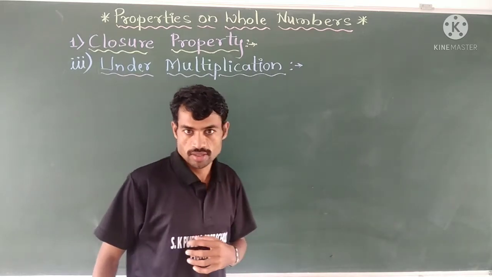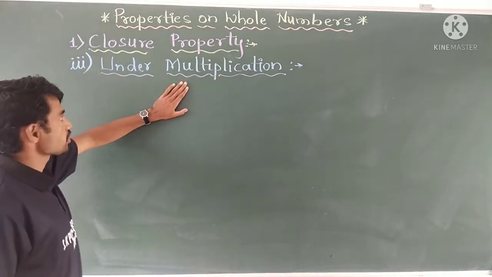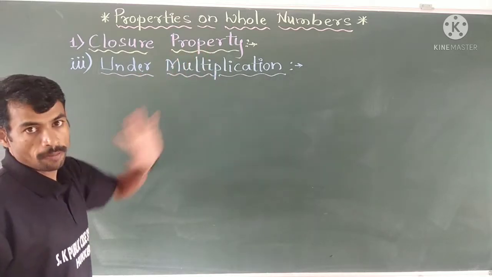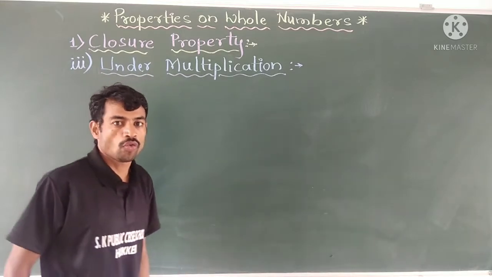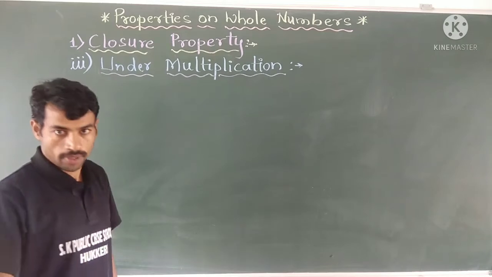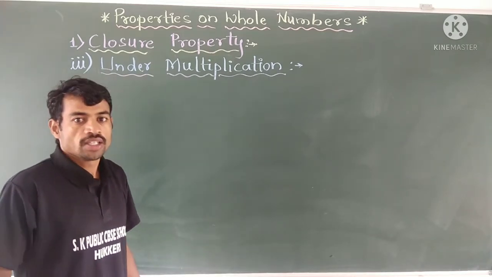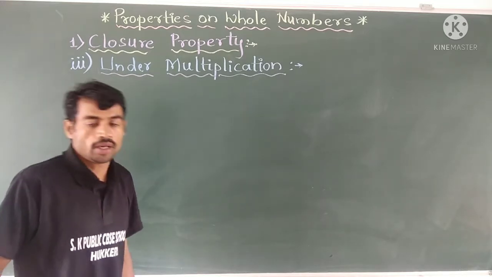Now we have to see the closure property of whole numbers under multiplication. Under multiplication means we have to find the product of any two whole numbers, and see whether the product we get is a whole number or not.